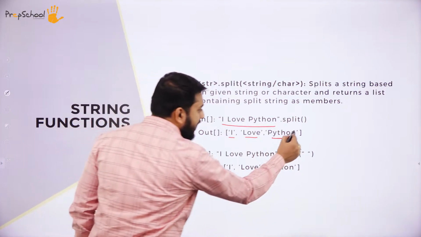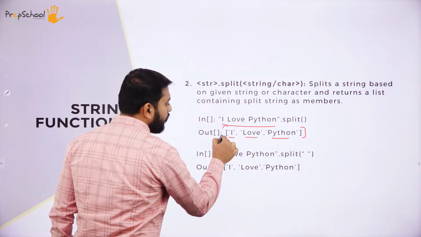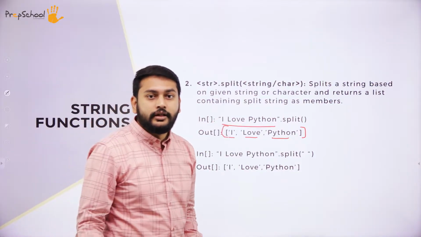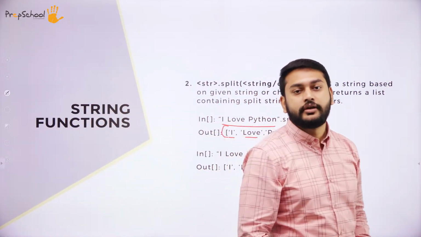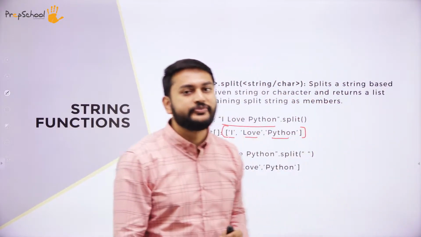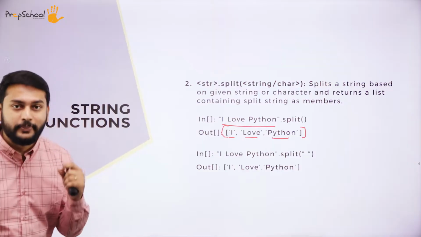You can observe the brackets here. I'm treating each and every word as one object by converting it to a list. That is what you need to observe here with the help of the split function.